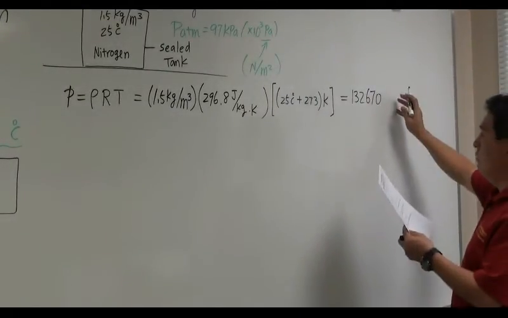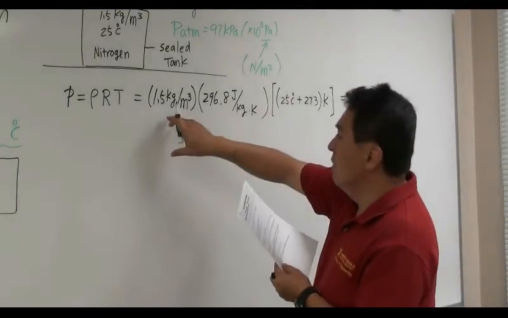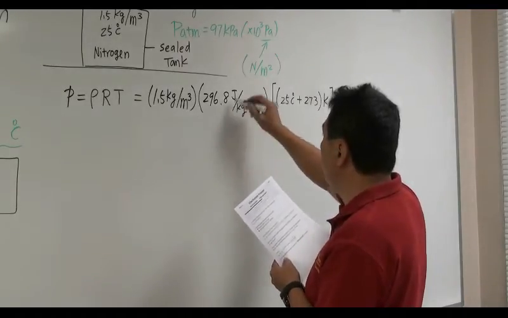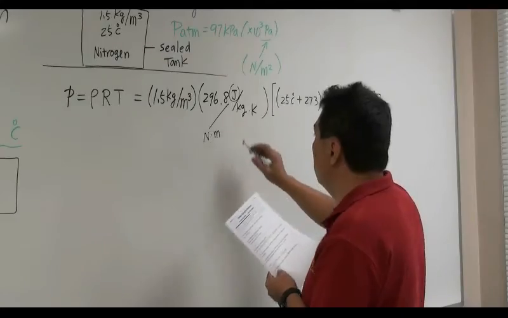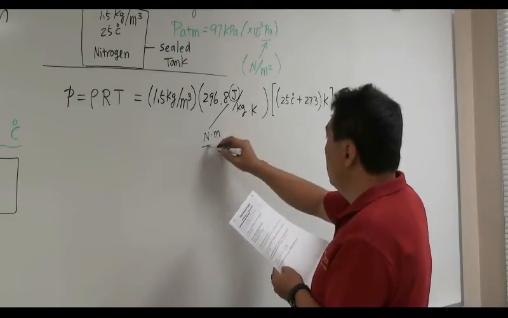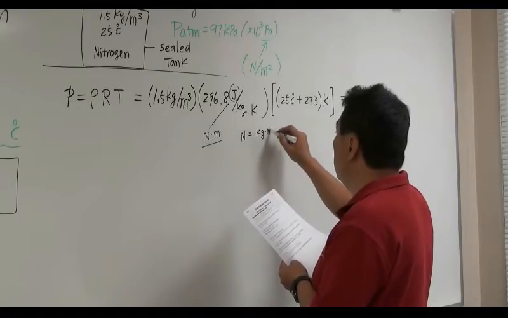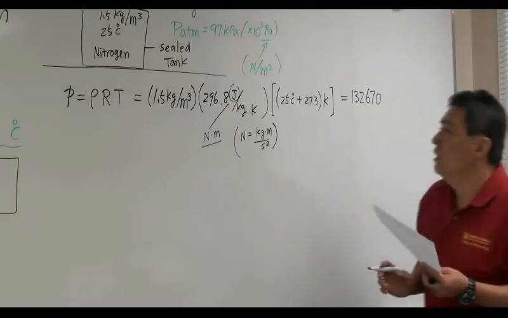Now, what is the unit here? You are using standard units for density. This is all standard unit, by the way: joule is a Newton meter, and then Newton is, of course, kilogram meter per second squared.